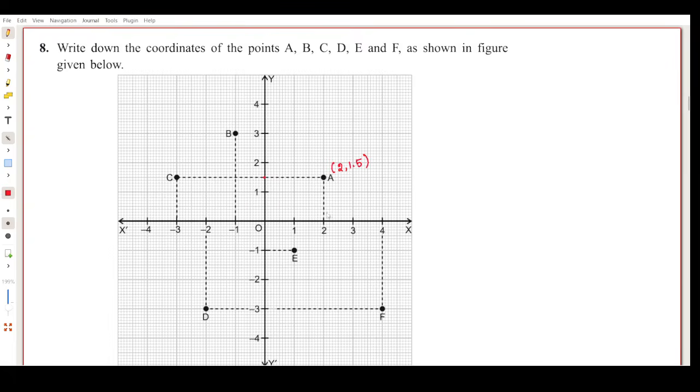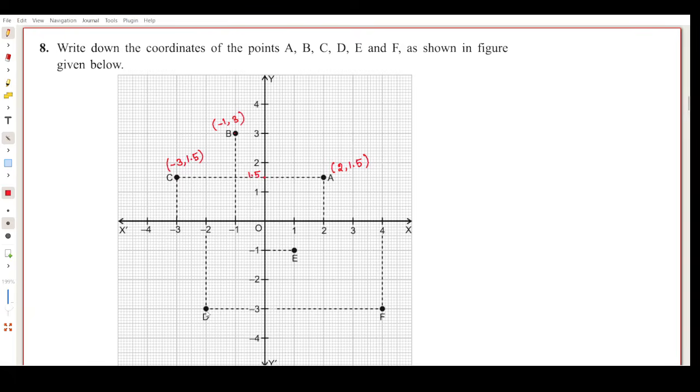Always write first x coordinate then y coordinate. So B is minus 1 comma 3. C is minus 3 comma 1.5. So you can mark this as 1.5.